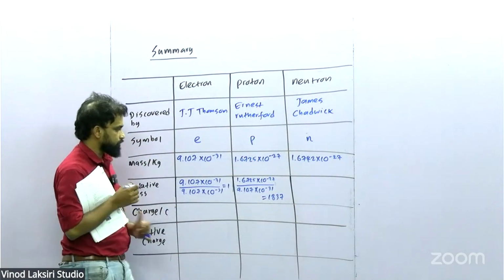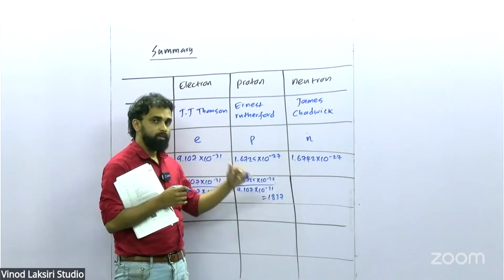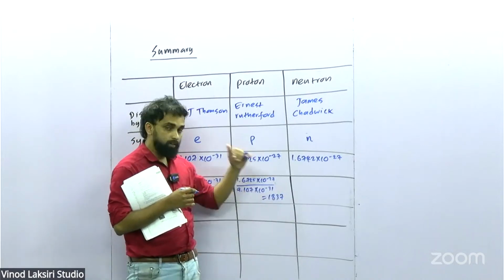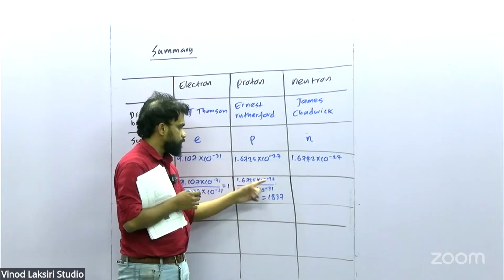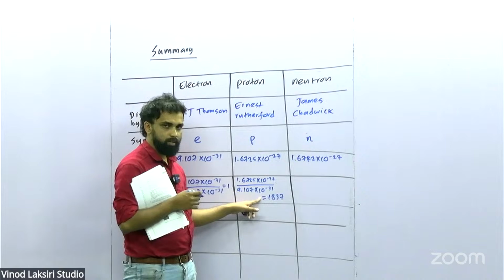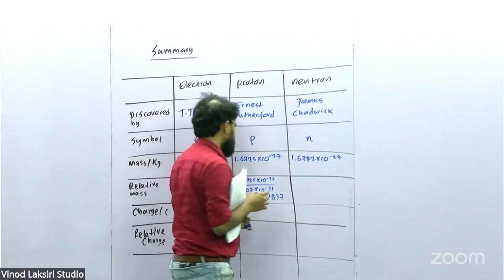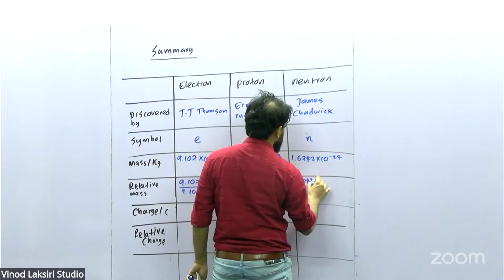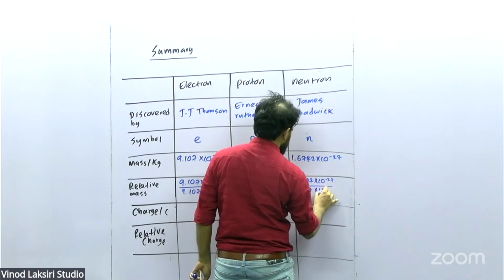What is the meaning of this 1837? It means the mass of proton is 1837 times the mass of electron. Similarly, the mass of neutron can be divided by the mass of electron.